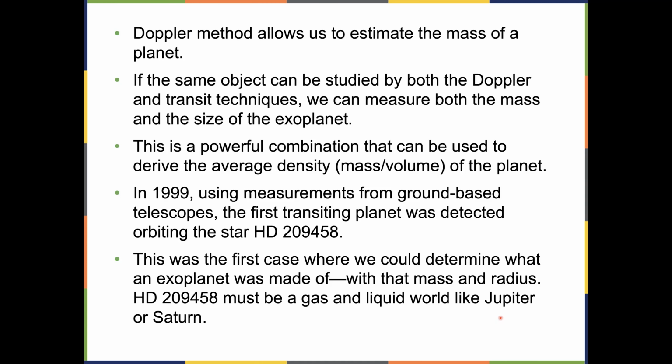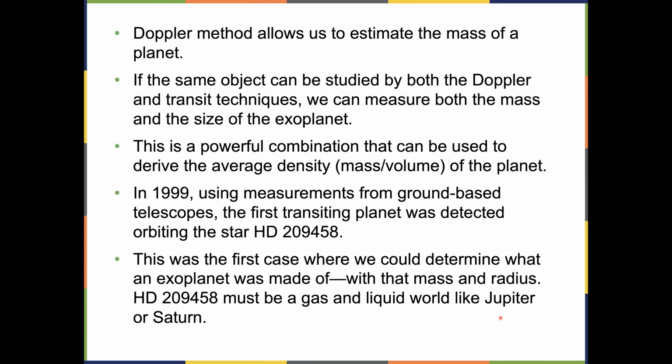And if you can study the same object with transit techniques, which is the second technique that we have used, that means we can measure both the mass and the size of the exoplanet, right? Because from the transit technique, you can get the size, and from the Doppler method, you can get the mass, right?